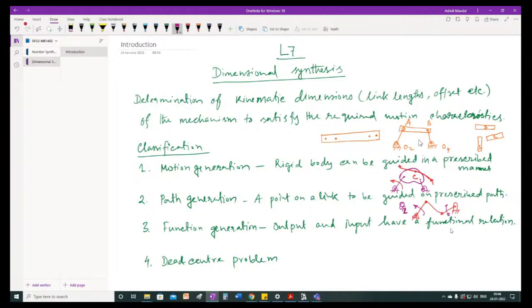Rotation of this link 2, if you give numbers 2, 3, 4, is given by theta 2. So you will have some rotational motion here in link 4, that is, let's say, theta 4. Now, for some application, if this theta 4 is a function of theta 2, then that kind of problem is called function generation problem. Where this theta 4, the output, is a function of input.